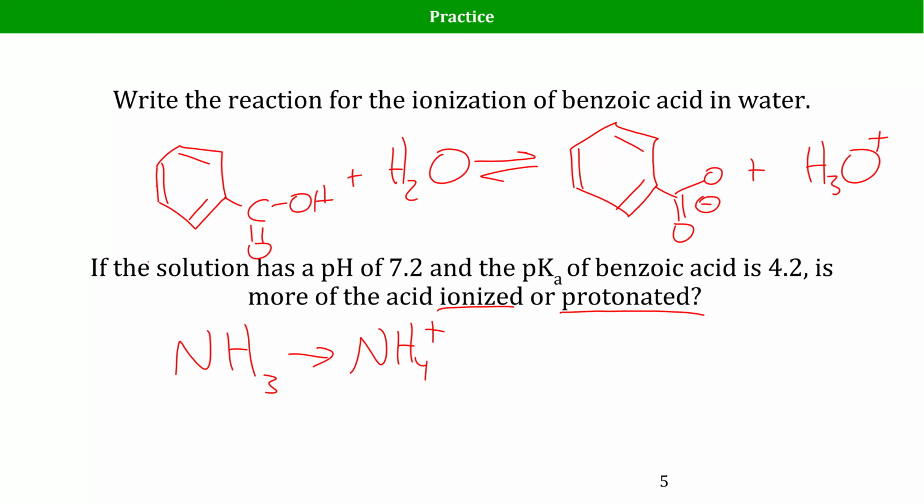So there's a little bit of a back and forth we have to pay attention to. Those are the two most common groups that we're going to see be protonated or deprotonated as far as solubility goes. Amines are more soluble when they're protonated. Acids are more soluble when they're deprotonated.